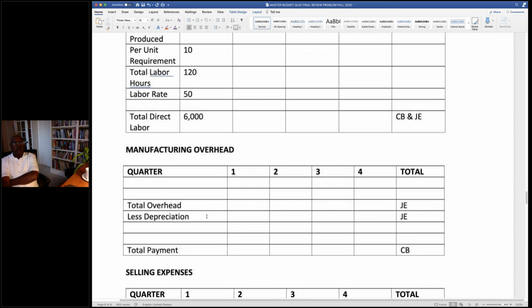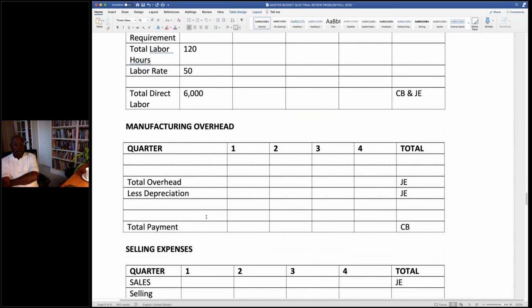I got an easy one now. Manufacturing over here. Take 1 minute and answer. You got 1 minute. $100,000. What is total overhead? $130,000.